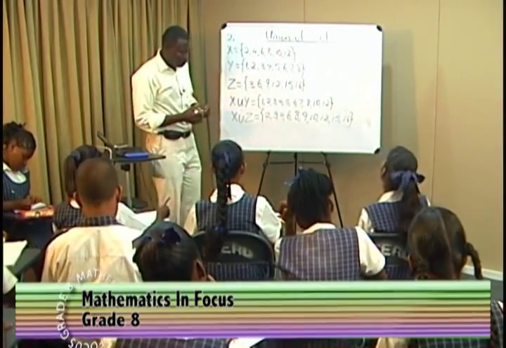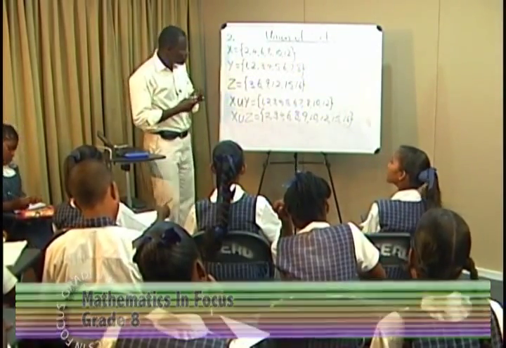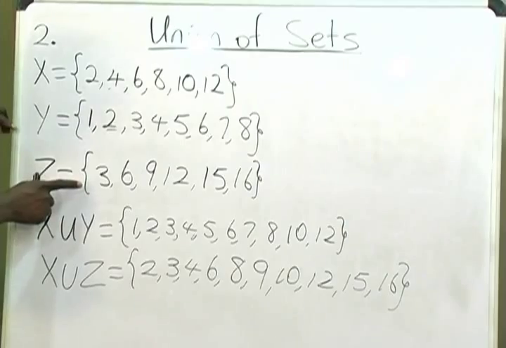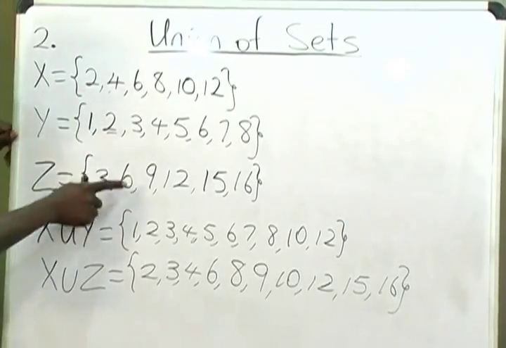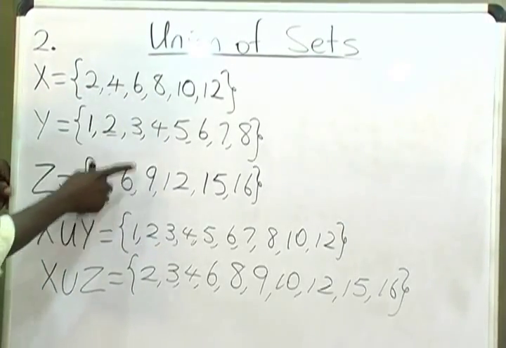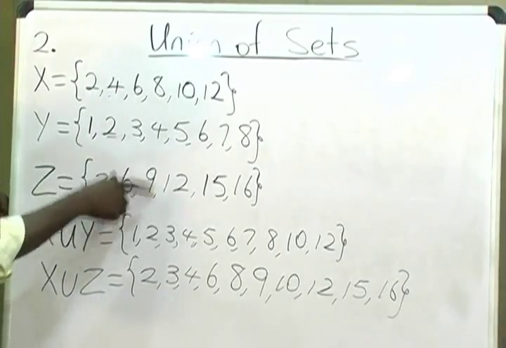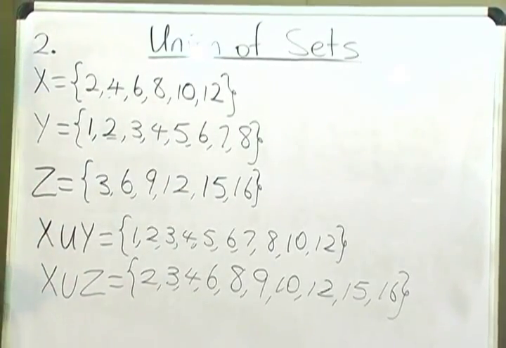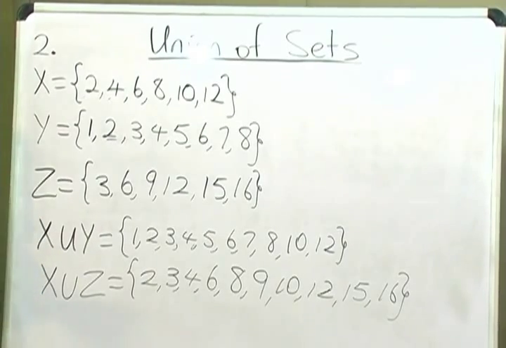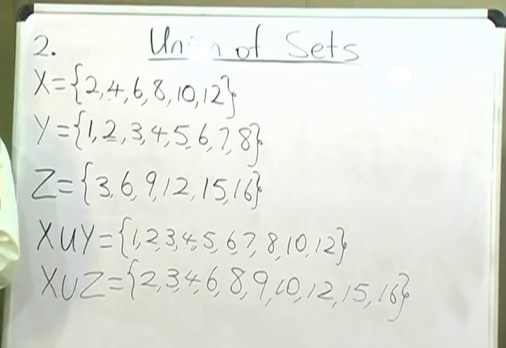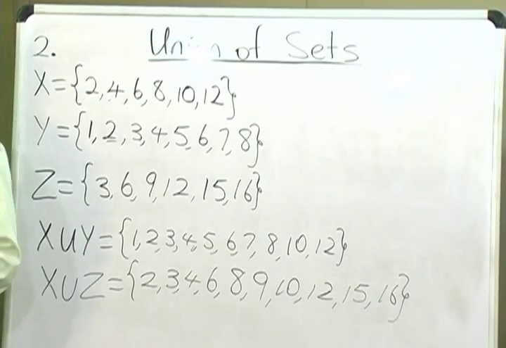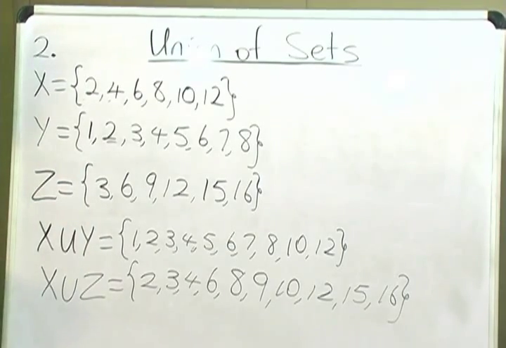Alright. Let me double check this. You say 2, 3, 4, 6, 8, 9, 10, 12, 15, 16. Perfect. So we can list the union, because that's what we learned earlier in the lesson, how we can list the union of sets.